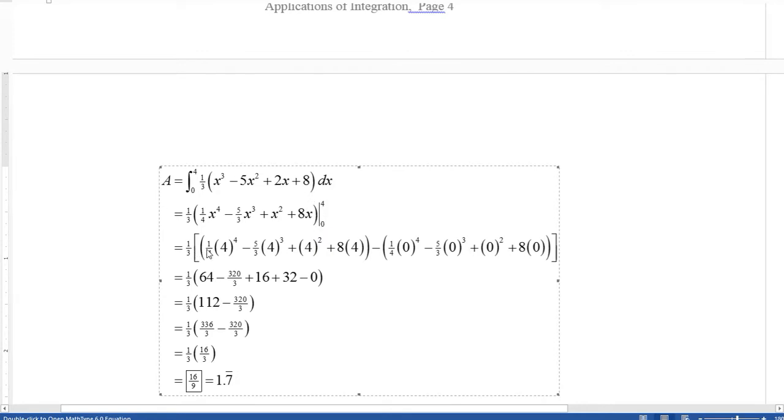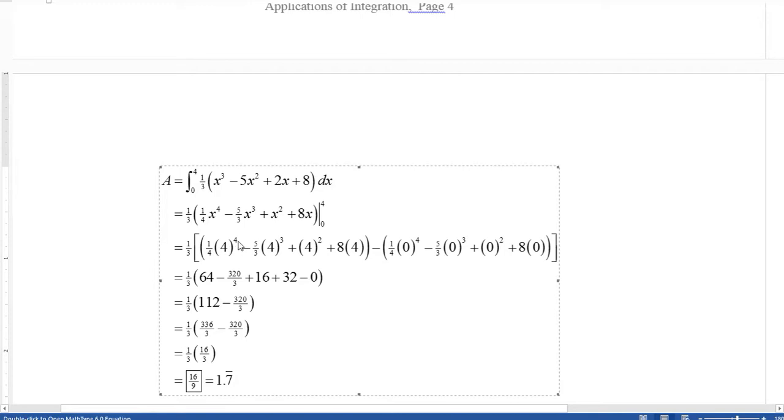So the 1/3 I have out front times the whole thing. Then notice the importance of the parentheses right here. And then we have this right here. Just copy that down and put 4 in place of all the x's. Minus, copy that down here in parentheses, and put 0 in place of all the x's. And all of this last part is just 0. Let's see.